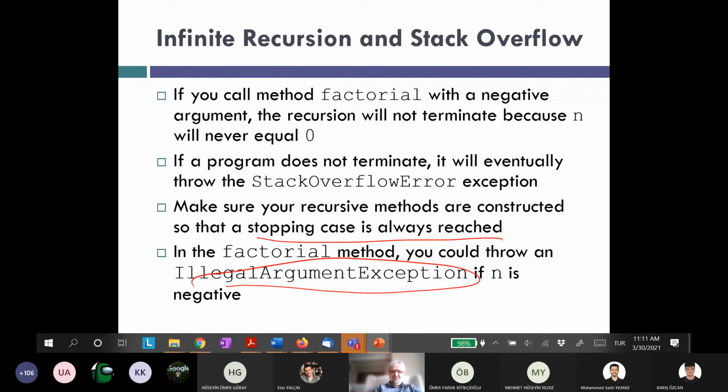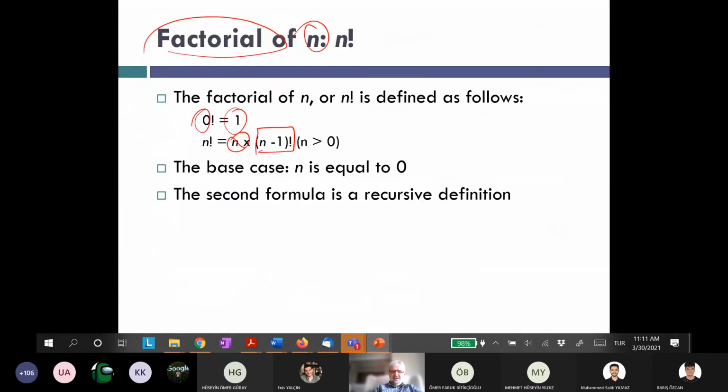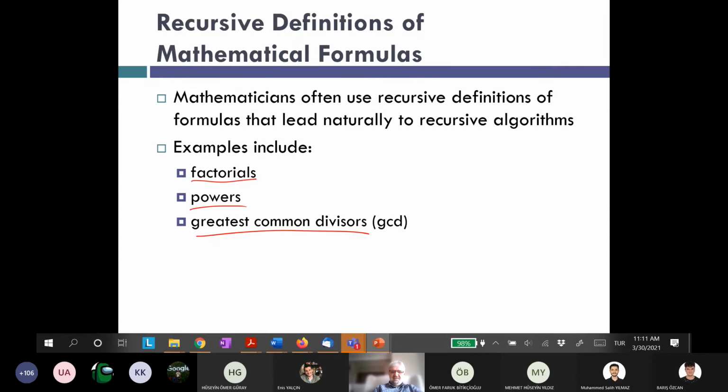How can we solve this recurrence relation? mn is equal to mn minus 1 plus 1, right? What is mn minus 1? Which is mn minus 2 plus 1 plus 1, right? This plus 1 comes from mn minus 1.